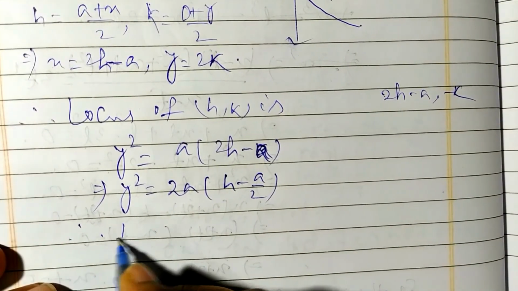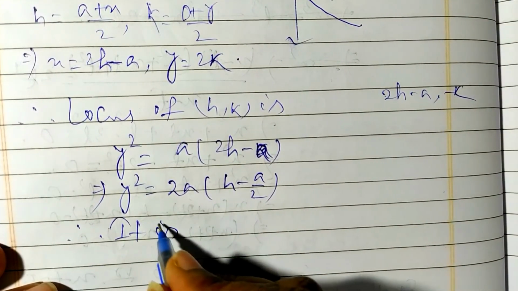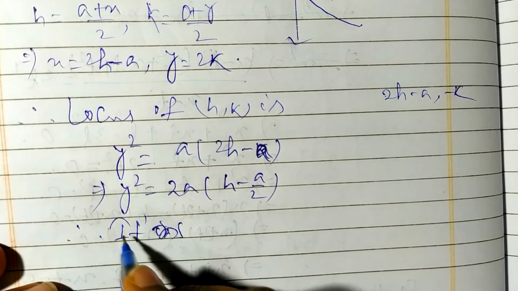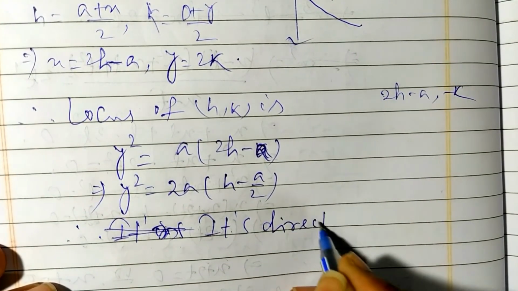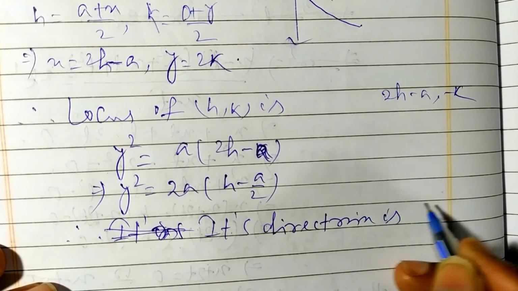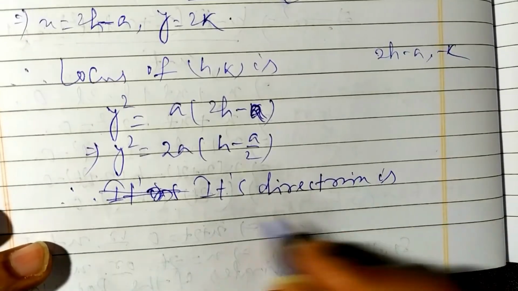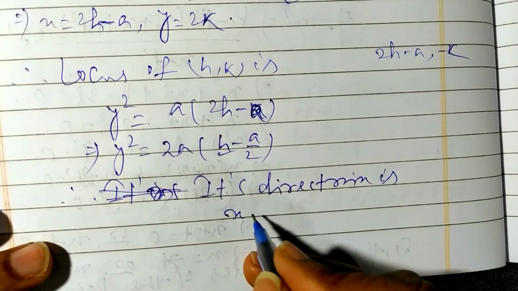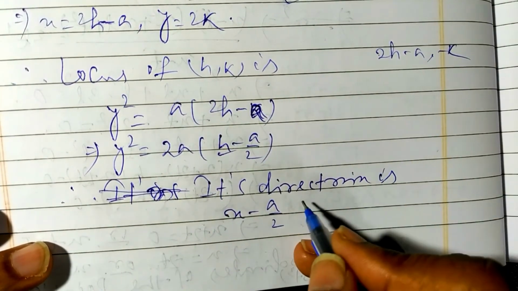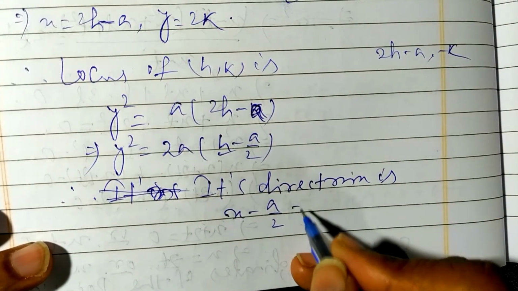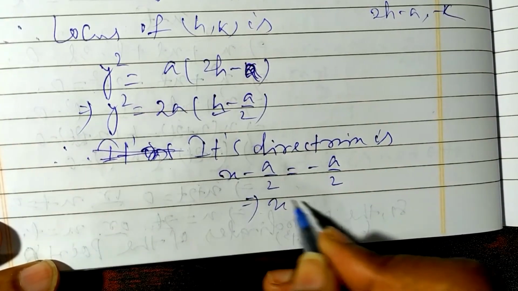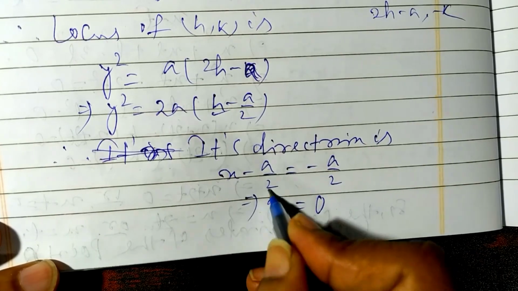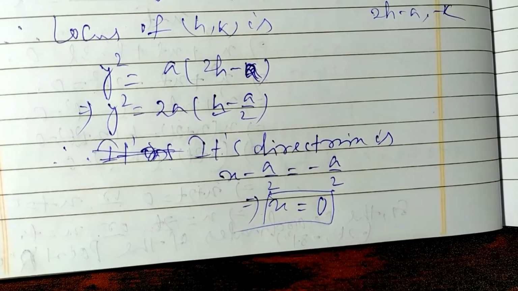So therefore its directrix is, here h is x, x minus a by 2 is equal to minus a by 2. That means minus a by 2 cancels, so x is equal to 0. Okay.